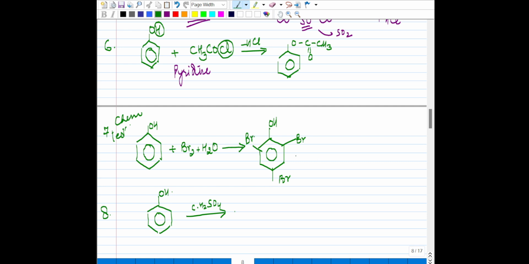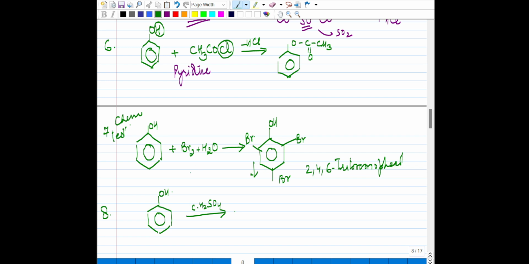Okay, so you'll get 2,4,6 tribromophenol, white color precipitate. And likewise, if you take aniline, aniline also gives the same product, right? But these tests are used for identification of phenol and aniline.